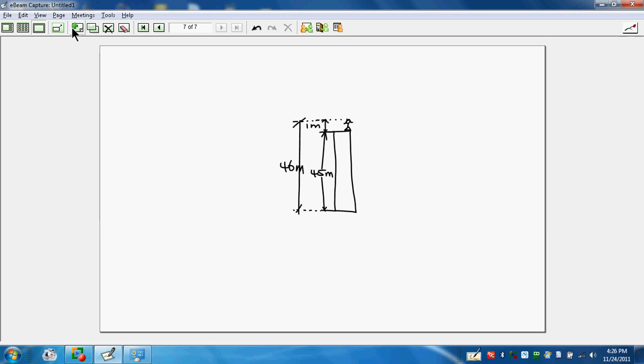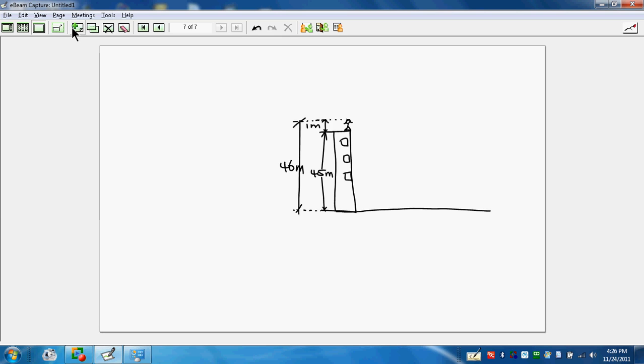But they told us that this girl who is standing on top of the building sees a car some distance away when the angle of depression is 55 degrees. So let's say this is the horizontal pathway here, and she's going to look to see a car somewhere along that path.